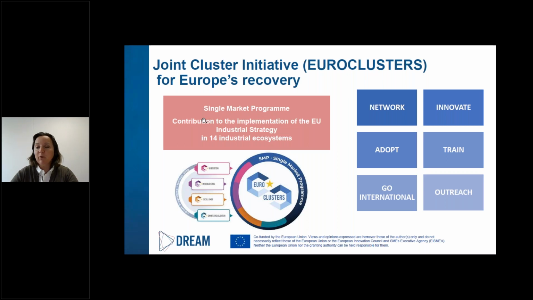So this program is actually based on the updated EU industrial strategy that was adopted in May 2021, just after the pandemic crisis, with the main goal to strengthen the resilience of the European single market to disruption, and to analyze and address strategic dependencies in terms of technological and industrial dependencies in order to enhance the European strategic autonomy by putting a lot of emphasis on the green and the digital transitions of companies.